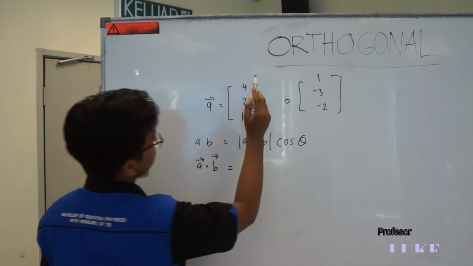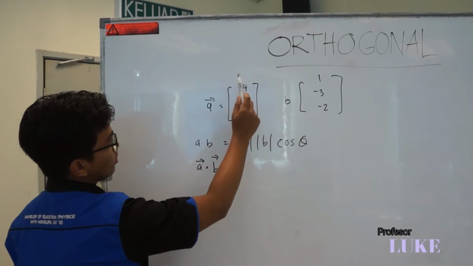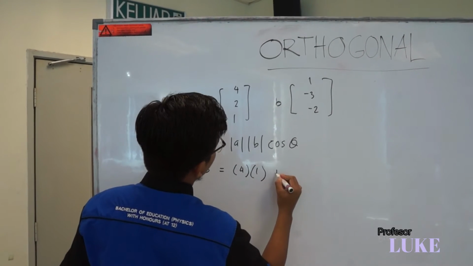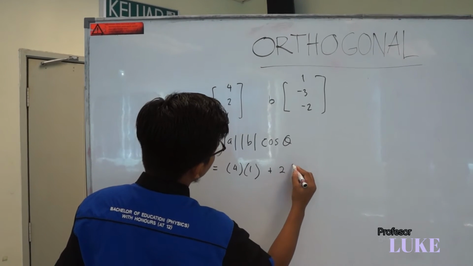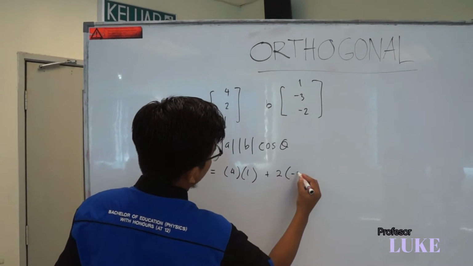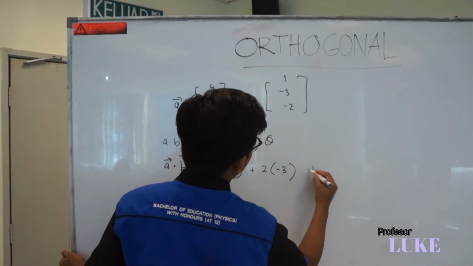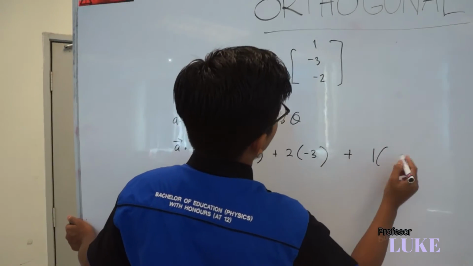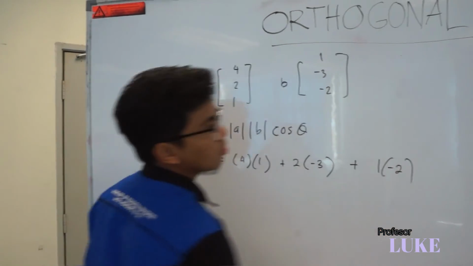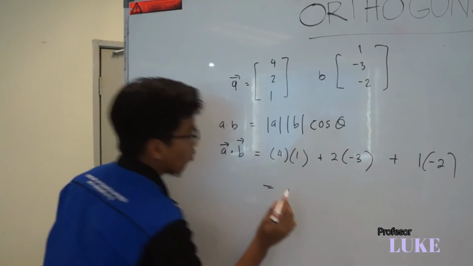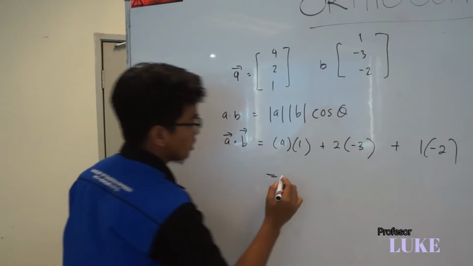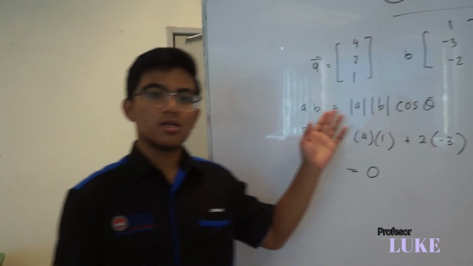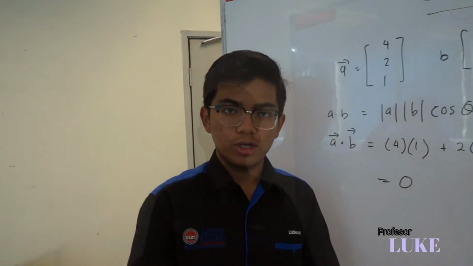We have to multiply 4 times 1 plus 2 times negative 3 plus 1 times negative 2. When we calculate, we get an answer equal to 0. This means vector A and vector B are orthogonal.